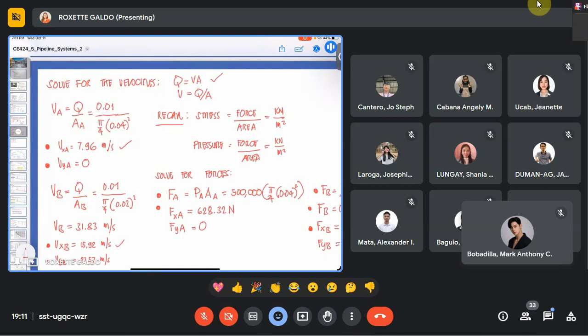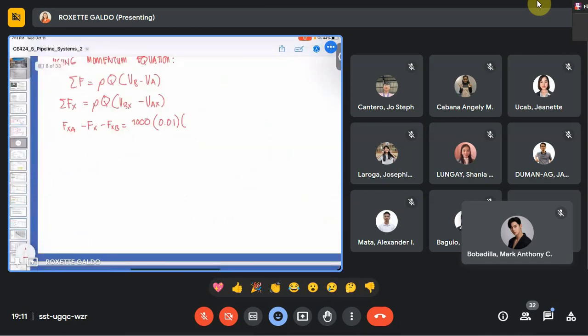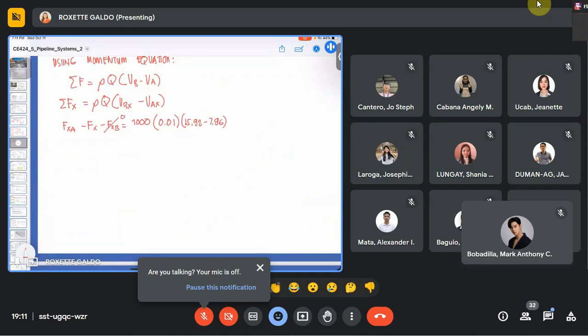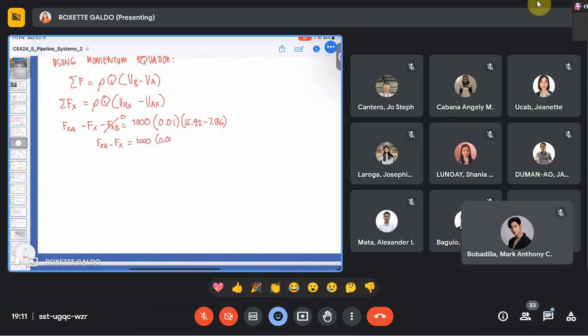So that is 15.92 minus 7.96. Okay. So FXB is 0. So we are going to be left with FXA minus FX is equal to 1,000 times 0.01 times 15.92 minus 7.96.